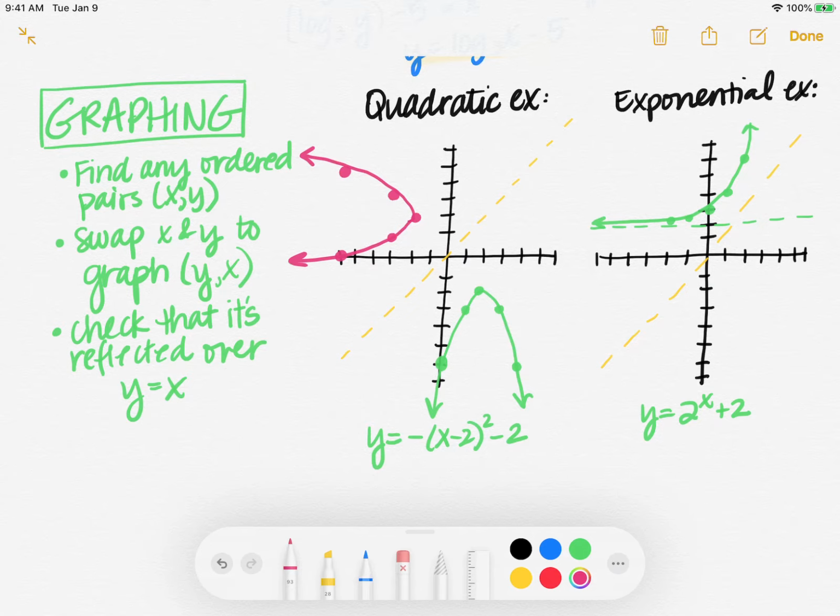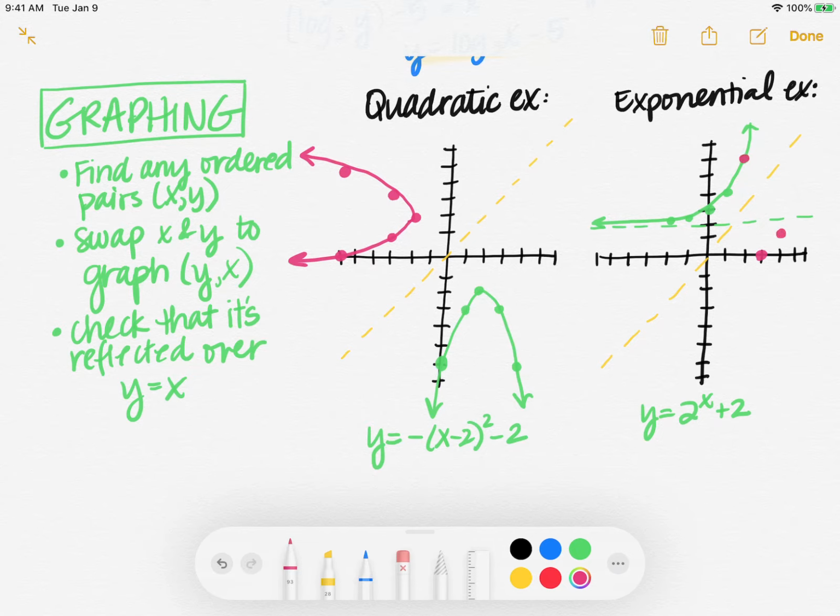Let's do the same with the exponential. I'm going to start with the easiest point I can see, and that's that one right there, which is (0, 3). (0, 3) will become (3, 0). This point right here, over 1 up 4, becomes over 4, up 1.